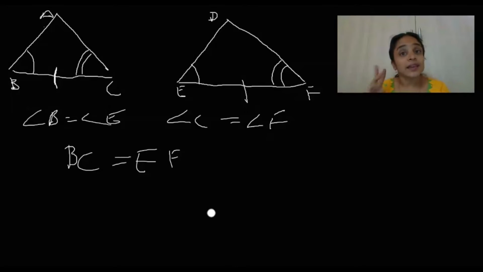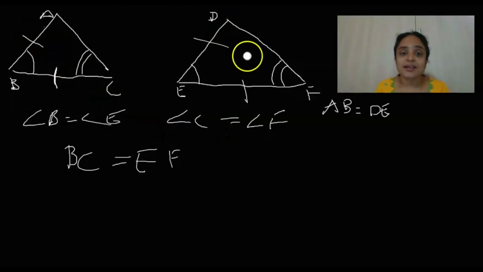So there are three cases for this. Case 1 is AB equal to DE, that is, these two sides are equal.